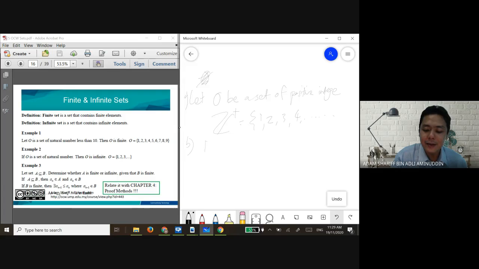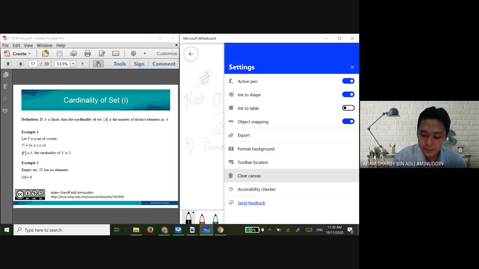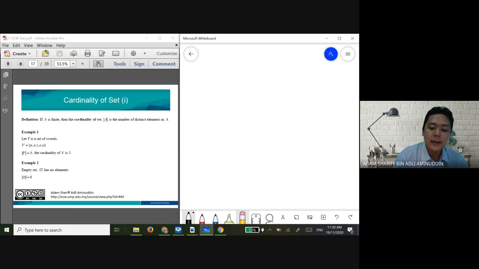Prime number is infinite. So a set of prime number is also uncountable, is infinite. Okay, ni saya kena slow-slow. Cardinality. Cardinality represents by the symbol of modulus there. Is the number of distinct element in A.